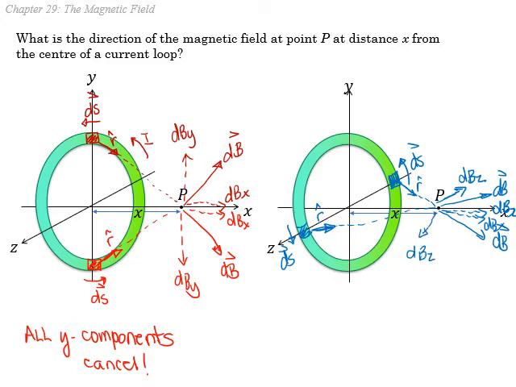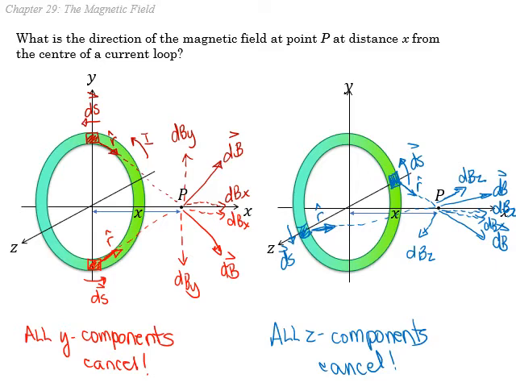So what we see for the back half of the loop, the z components point backwards. For the front half of the loop, the z components point forwards. That tells us that all the z components cancel. So what's left over is the x direction.